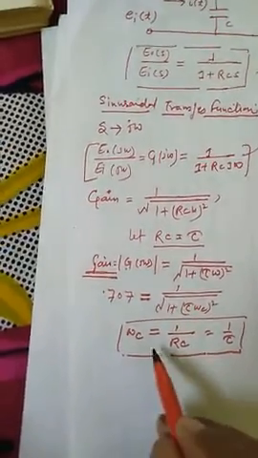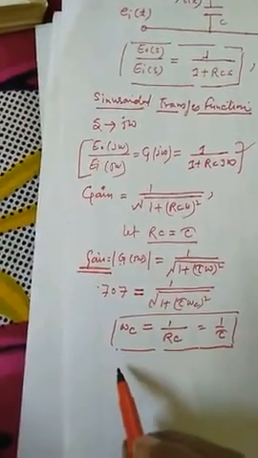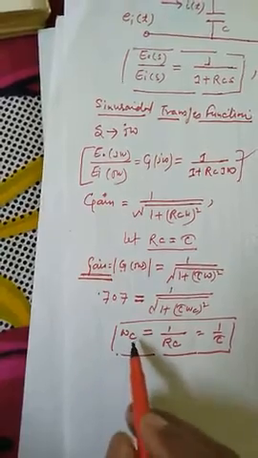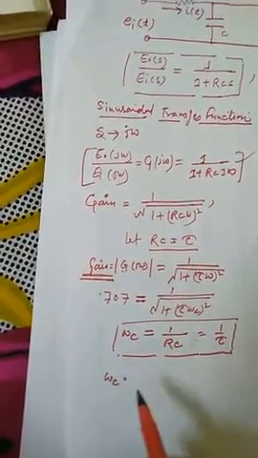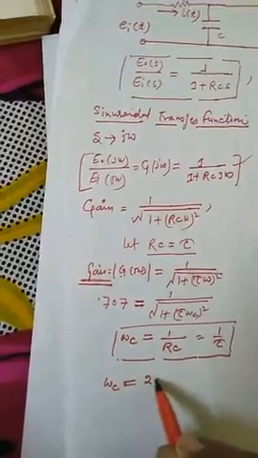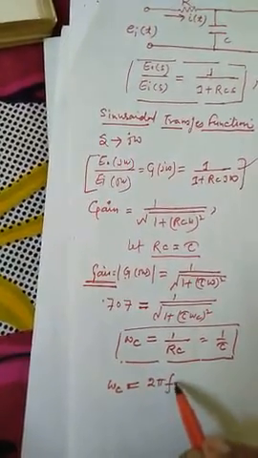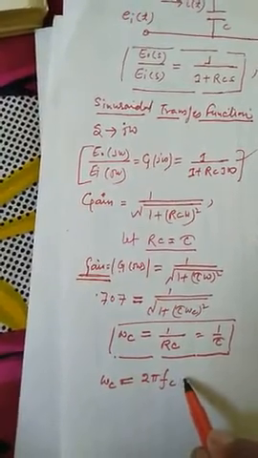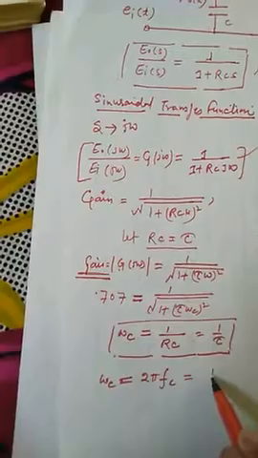So the cutoff frequency omega c is 1 upon RC, and the cutoff frequency in hertz, f c, is omega c divided by 2 pi.